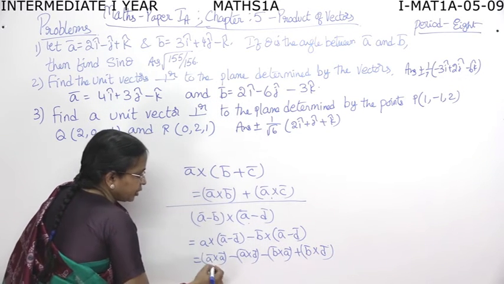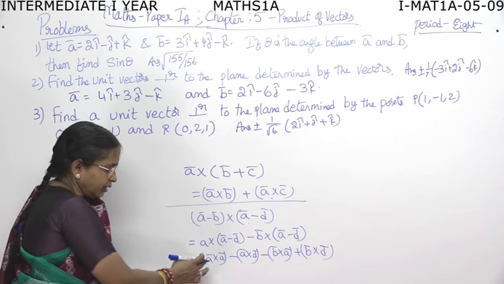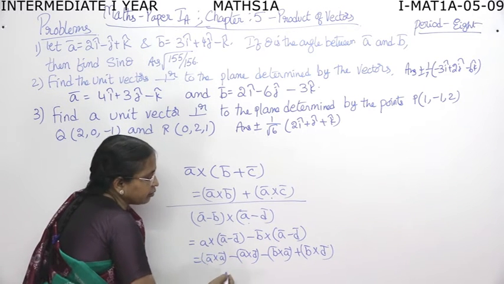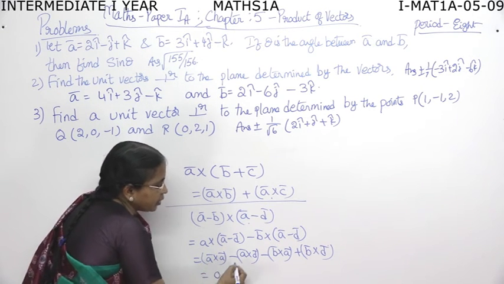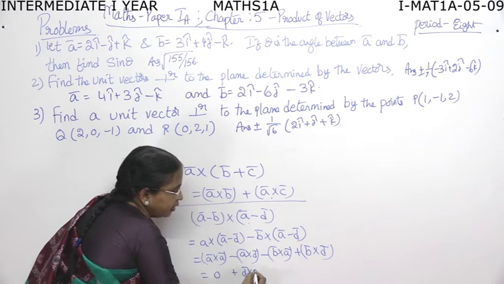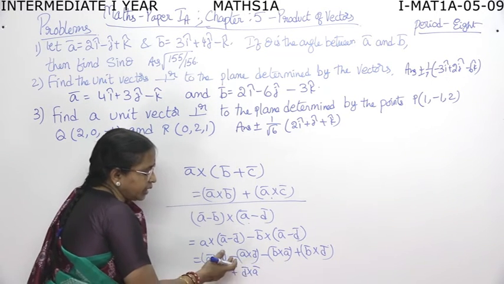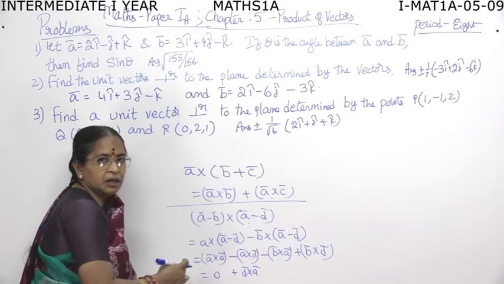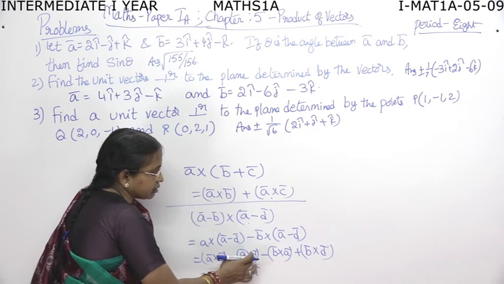Now you already know that A cross A is 0. Any vector cross the same vector is 0. So A cross A will be 0. And you can also make them positive. Minus A cross D I can write as plus D cross A. If I have to change the sign, I can remove the minus sign and just interchange the vectors in this cross product.